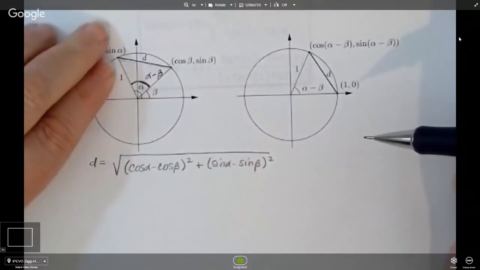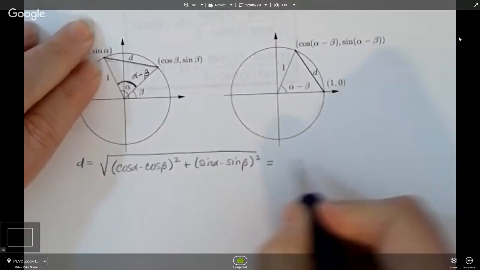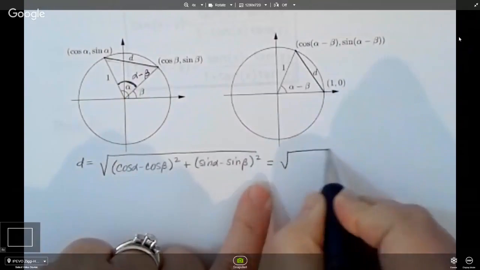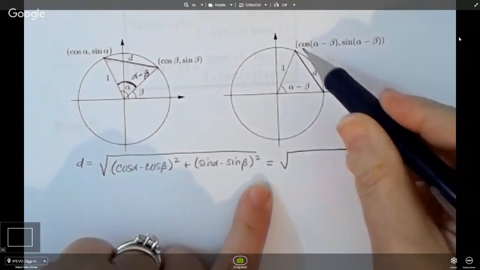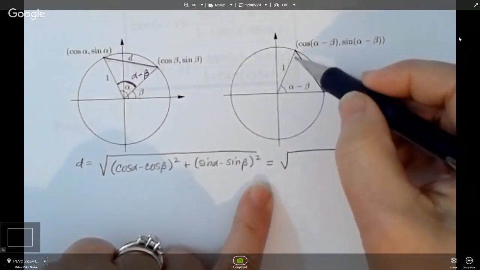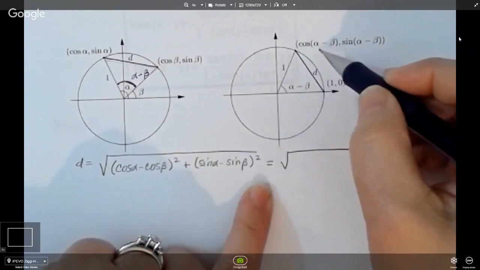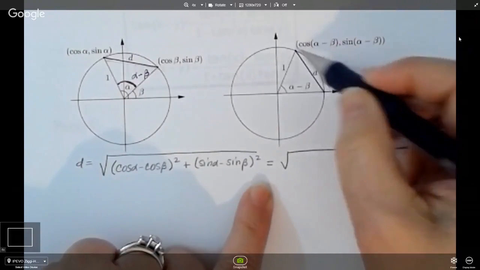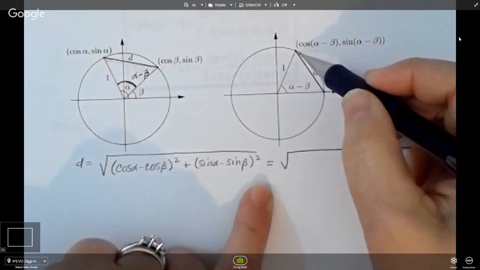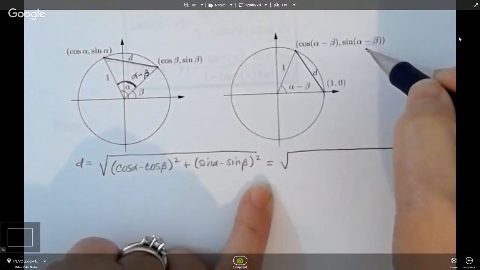So I could say that these two distances are equal, and I'm going to set up a distance formula for these two points. This point here would be the cosine of alpha minus beta, because it's also the intersection of the terminal side with the unit circle. And this one would be sine of alpha minus beta.